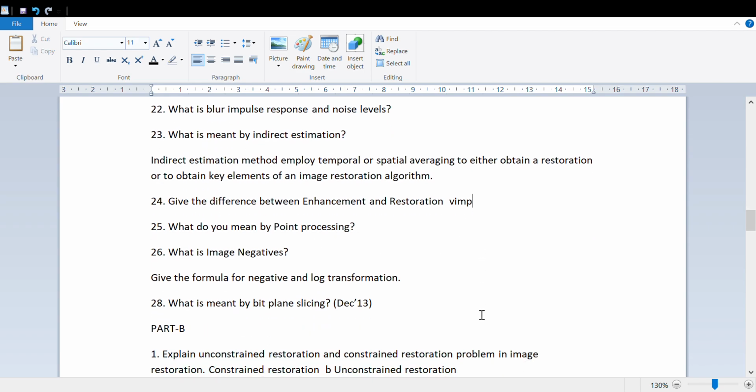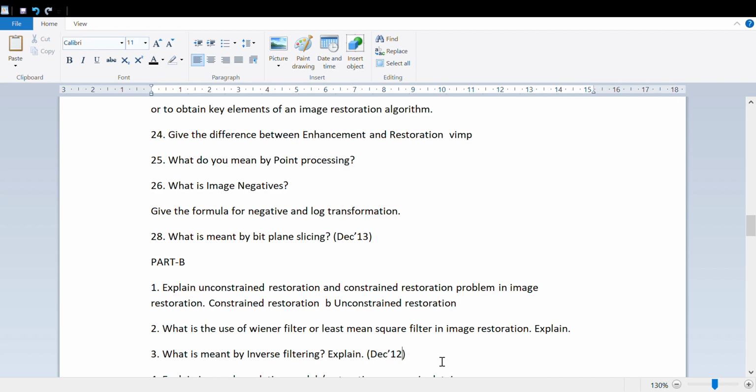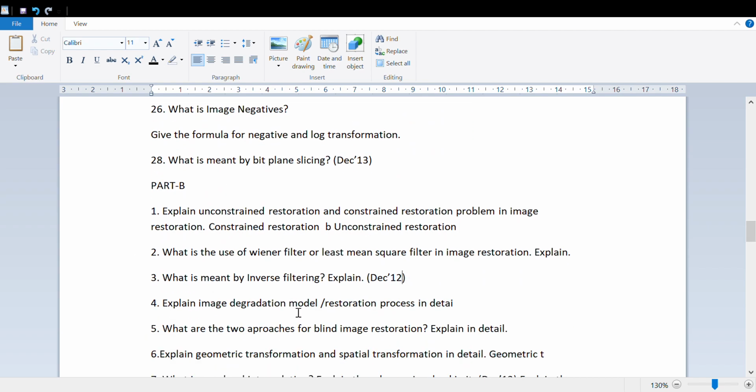From Part B, the long answer questions, you can expect geometric transformations, and explain the remaining part.